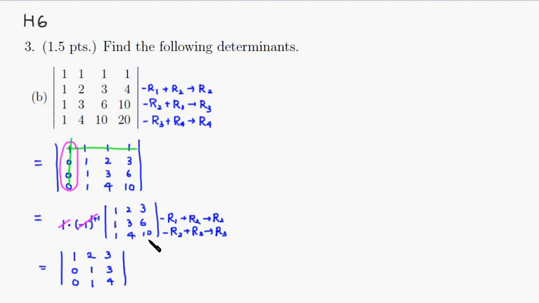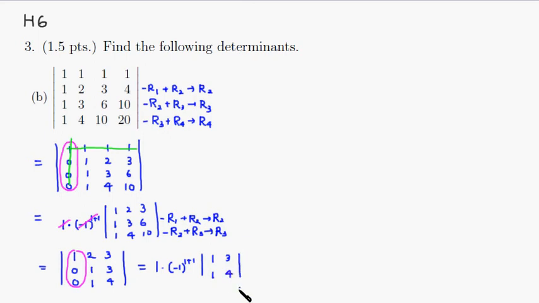Again, we're going to use the first column because it's nice and simple. Expand along it: 1 times (-1) to the 1 plus 1, which is +1 anyway. Then you look at the submatrix, which is just 1, 3; 1, 4.